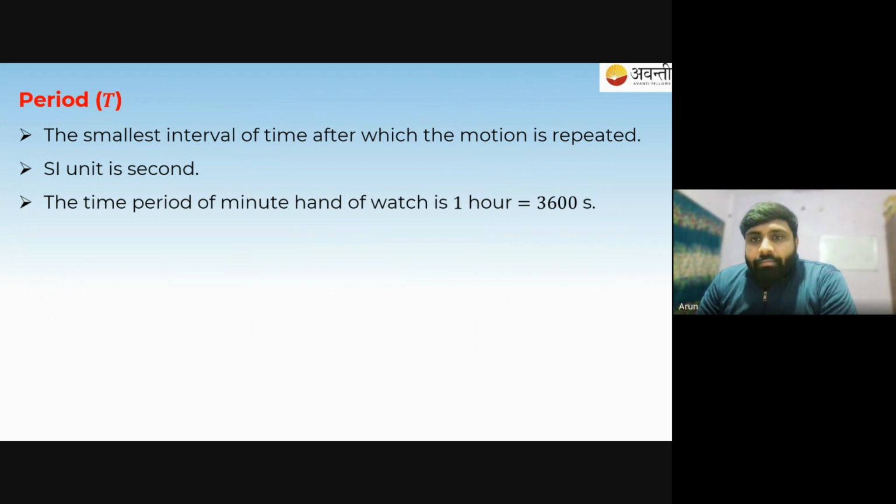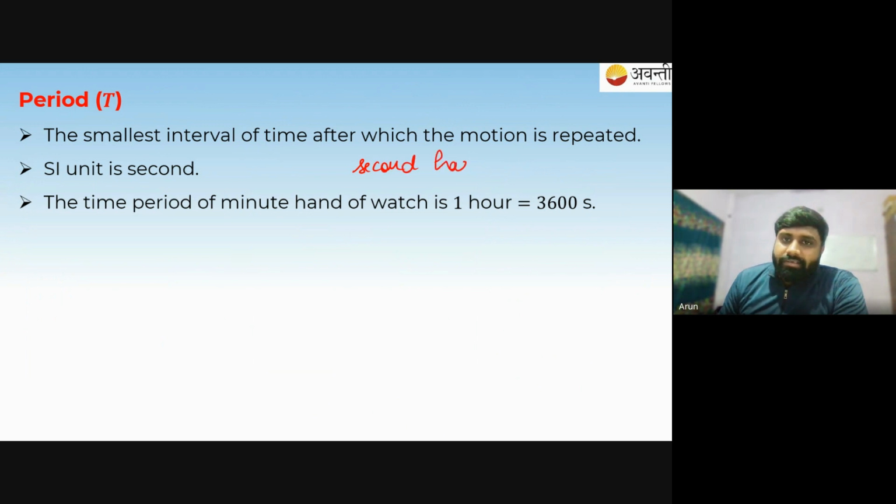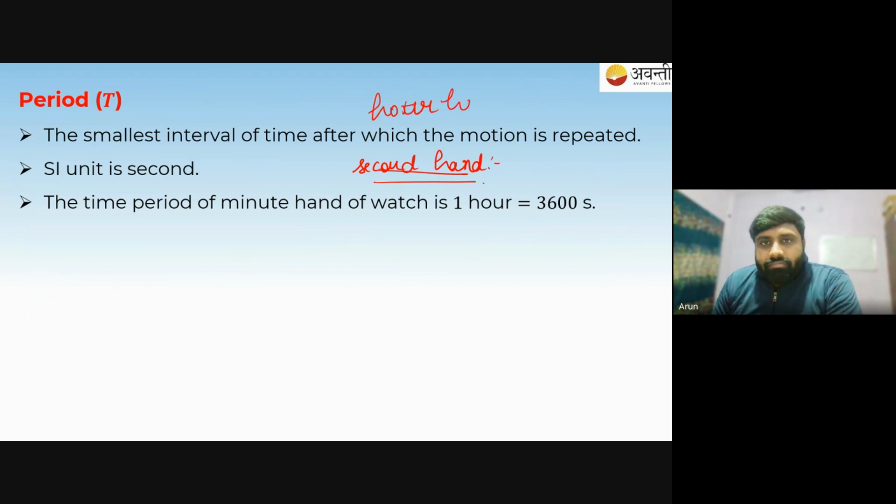But if I talk about the time period of the second hand, what is that? Please answer as soon as possible. And also the hour hand. Yeah, 60 seconds is the time period for the second hand because it completes its motion in 1 minute, or you can say 60 seconds.